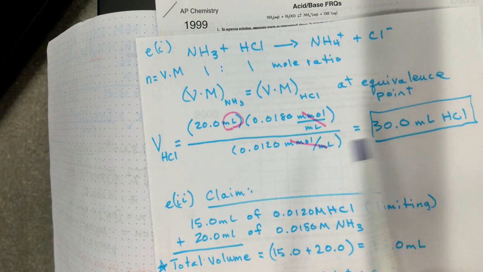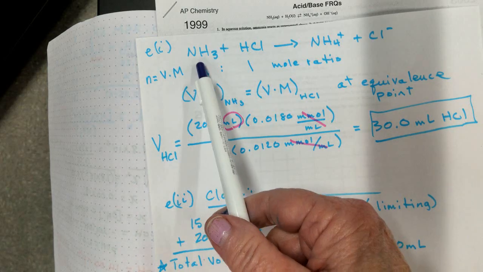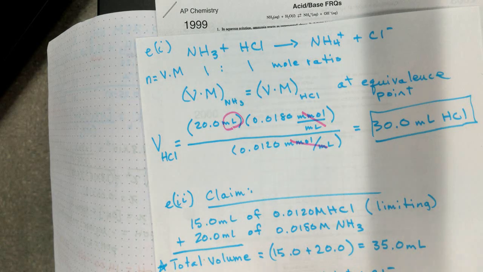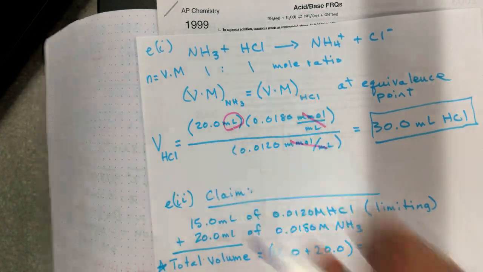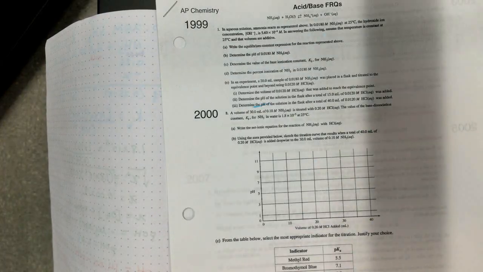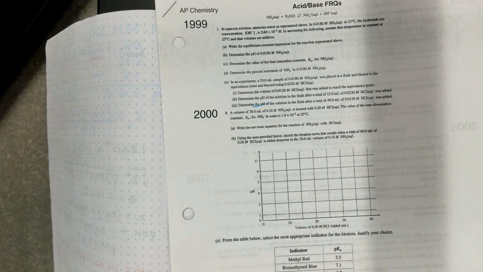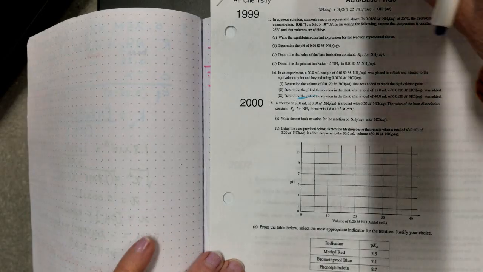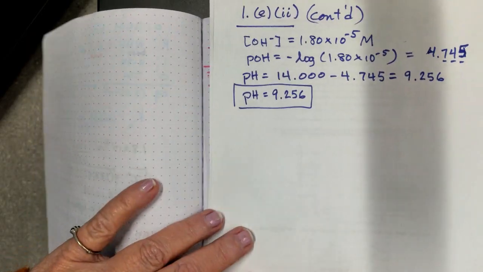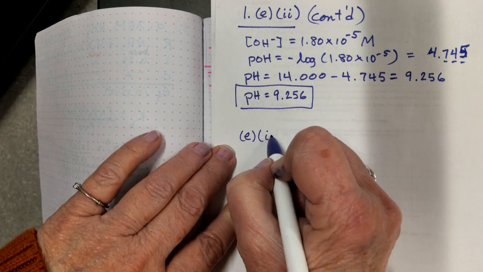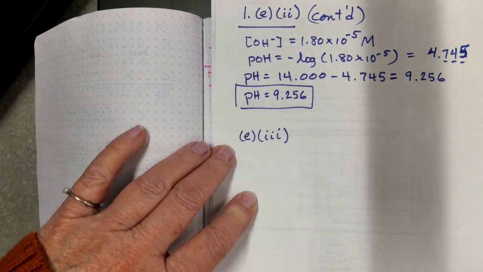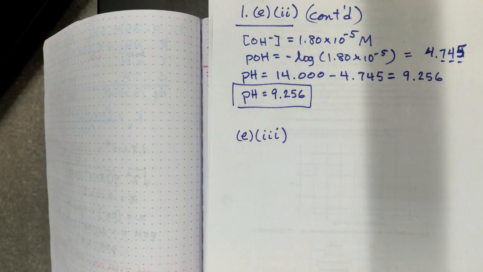No. If I add 30, I don't have any ammonia left. So if I add 40, I definitely don't have any ammonia left. So what do I have left? I have excess acid. And so your pH is always based on your strongest acid present. So we already know it should be less than 7 because we've got strong acid in excess.